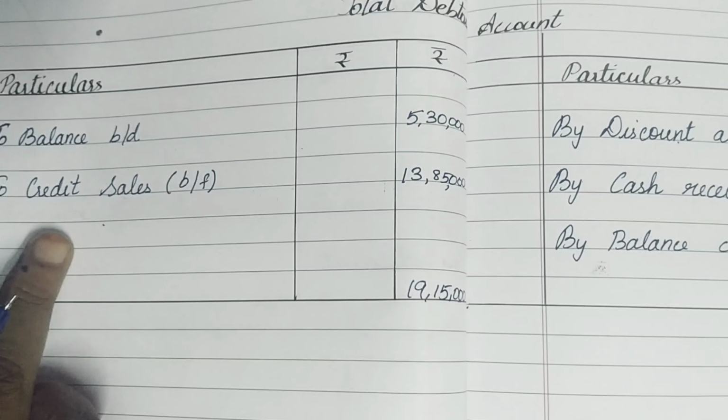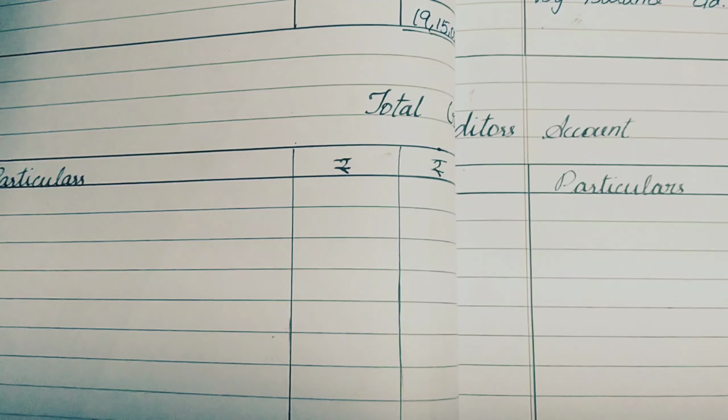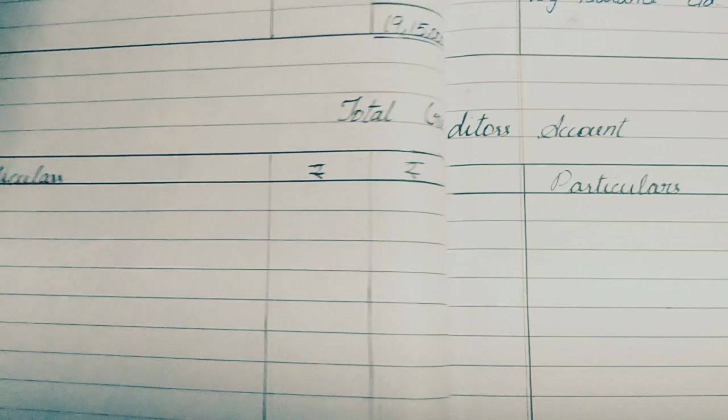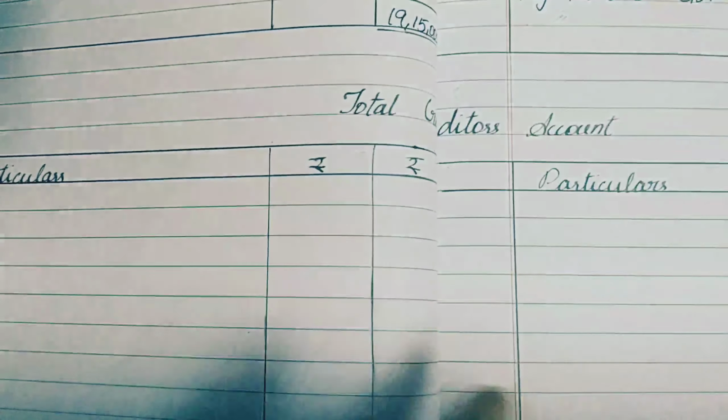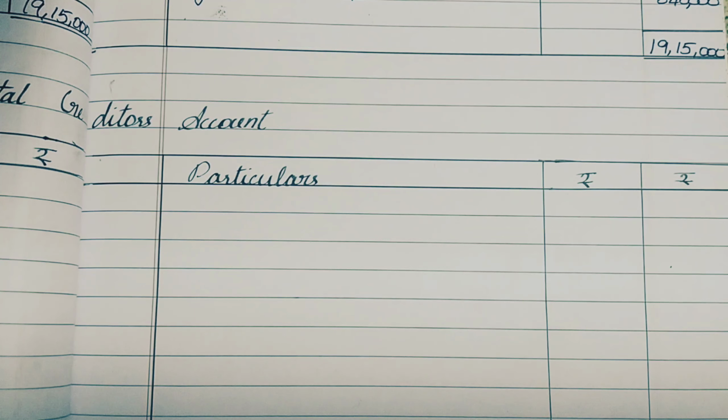Next we are going to find the credit purchases using the total creditors account. I've written total creditors account in the center and the debit side and the credit side with particulars and rupees. I'm going to start with the credit side because in the creditors account, the opening balance will be shown on the credit side. The first item I'm going to record here is the opening balance, that is by balance brought down.